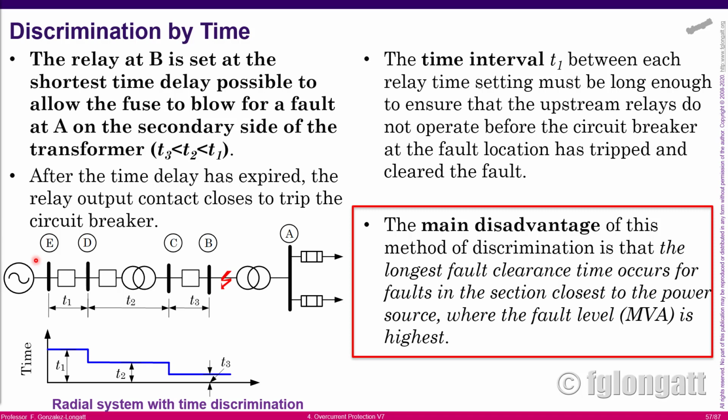And that is not what we want. I mean, we don't want a fault to take so much time to be cleared when you are near the generation side. That is a reason why discrimination by time alone is not typically a unique solution, okay?